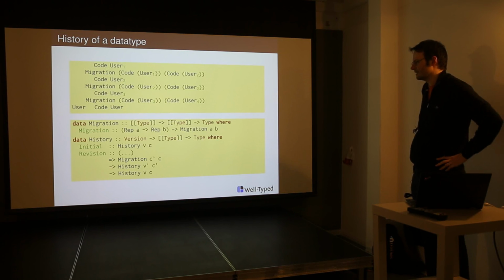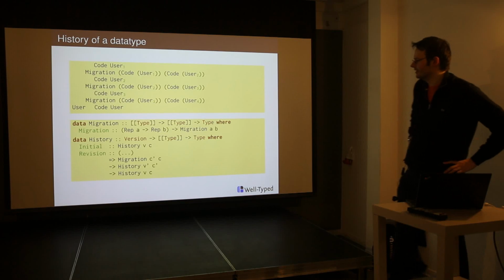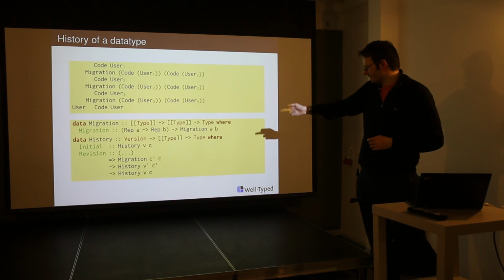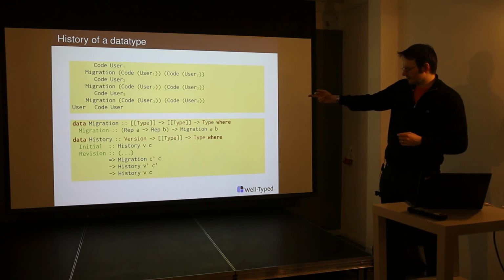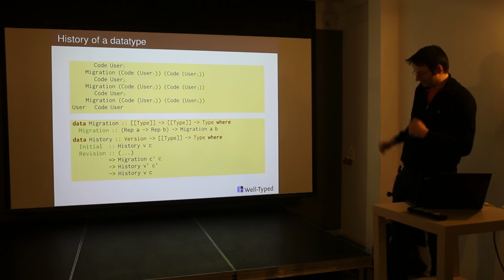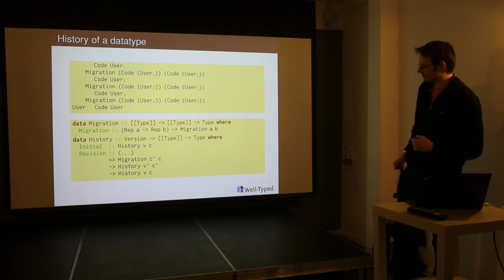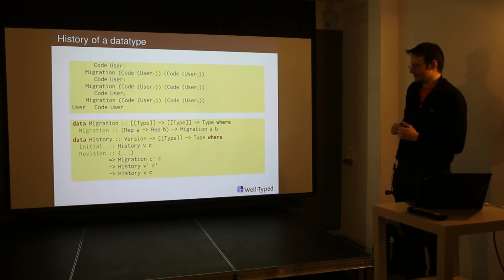I'm going to use type level strings in a moment. And then it's again a list-like structure. So if you look at it, initial is like an empty list, and revision is like adding a single migration to an already existing history.